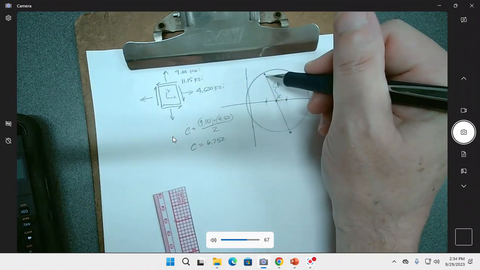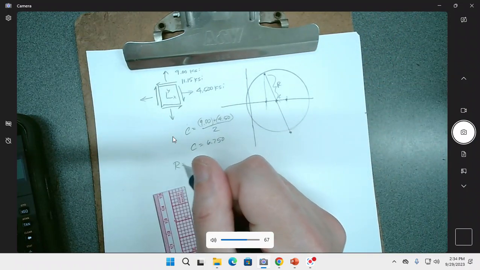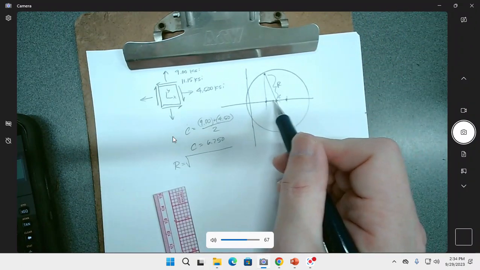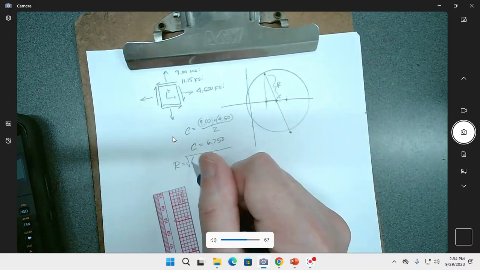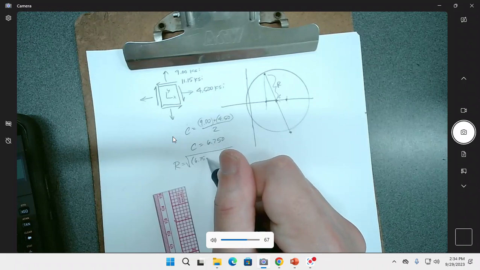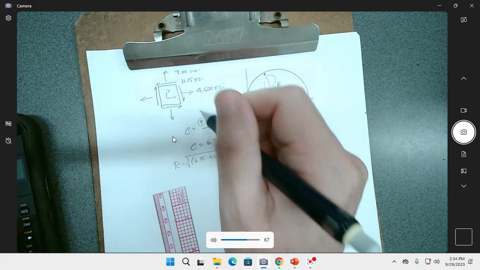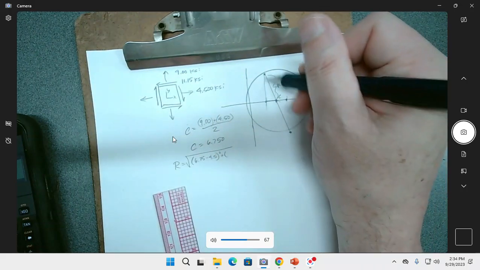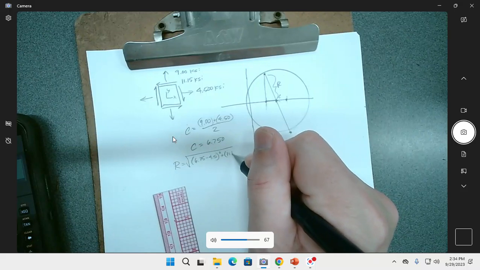The radius, all right, so that's going to be R, and I'm just going to look for this leg, which is going to be 6.75 minus 4.5. And this height, this leg right here, the vertical leg, is going to be 11.15.